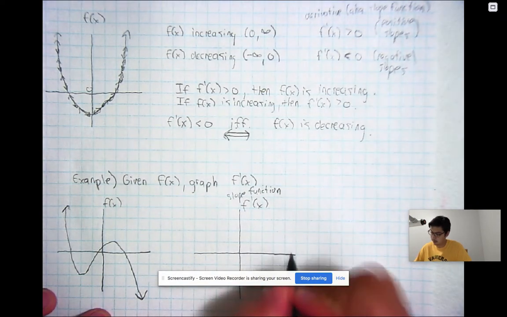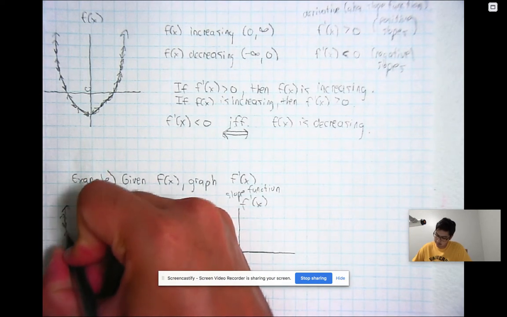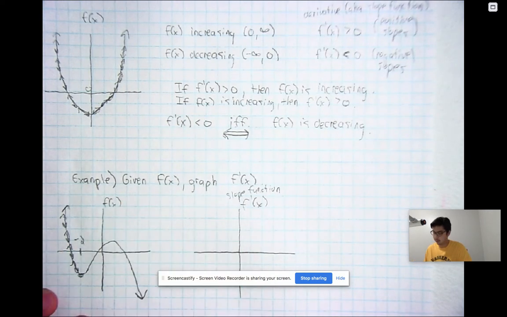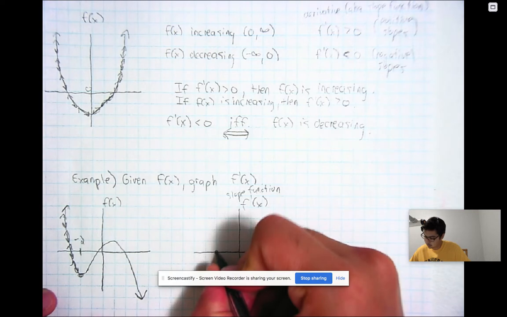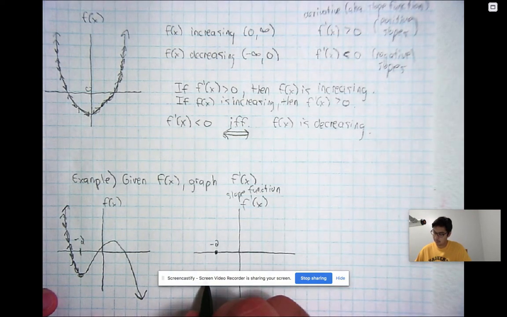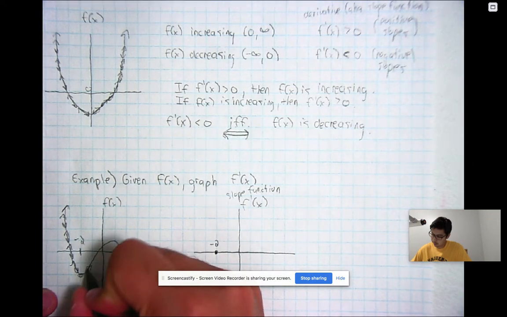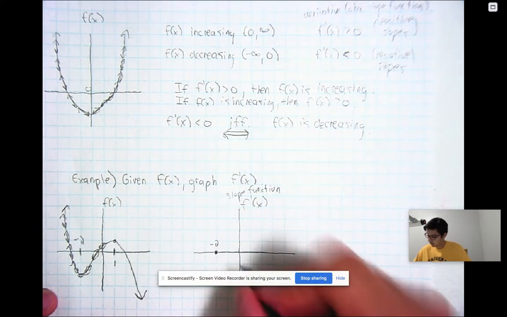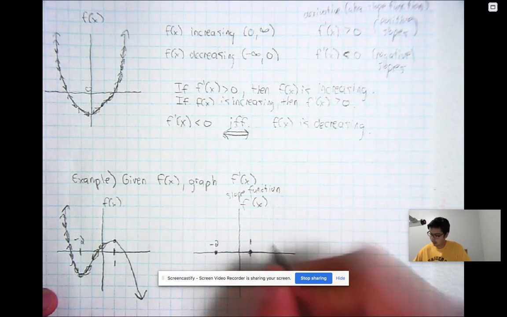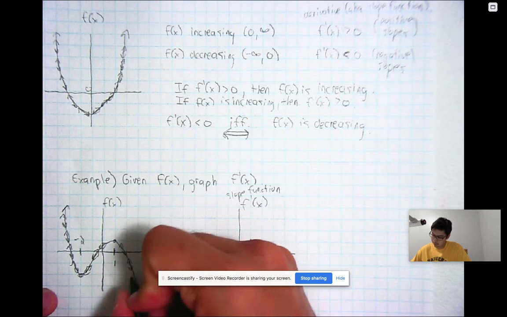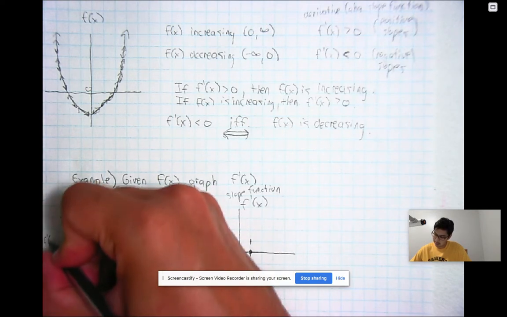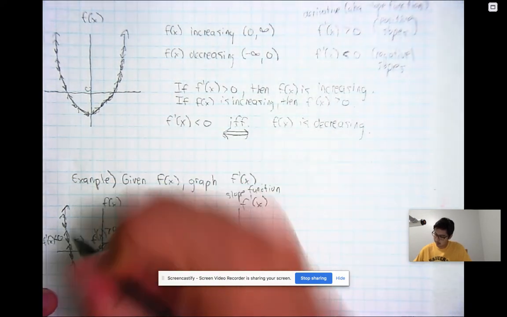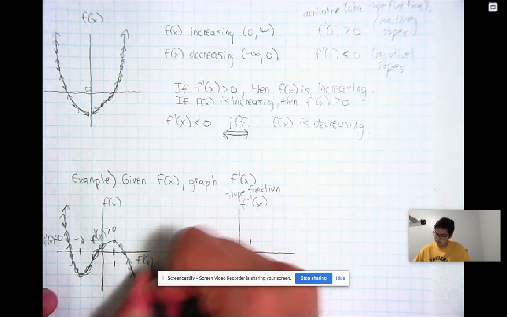The critical point here is that the slope is negative until this point, which I made at x equals negative 2. So f prime of x is negative. Then the slopes become positive until here, which is 1, and then the slopes become negative again. So f prime of x is negative, then on this part f prime of x is positive, and then as the slope becomes negative, f prime of x is negative again.